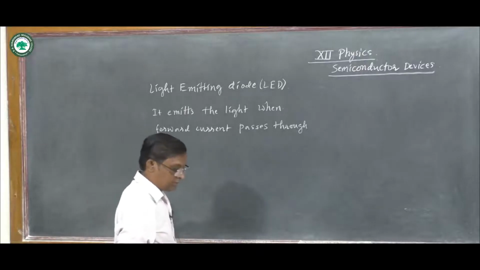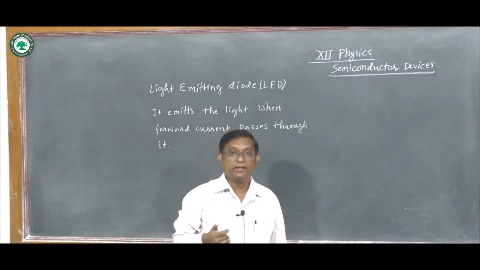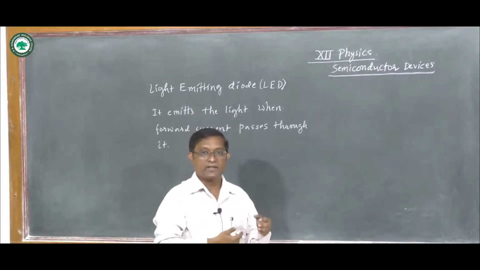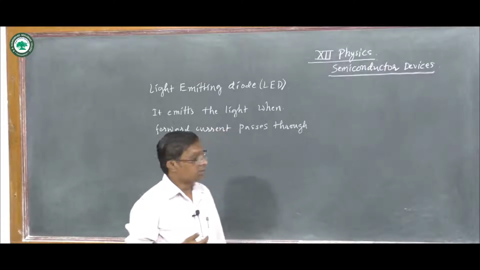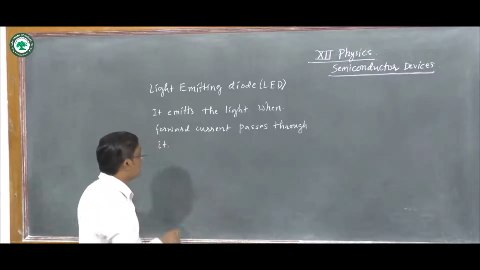When we bias this diode in forward bias, it emits light when the forward current is passed through it.